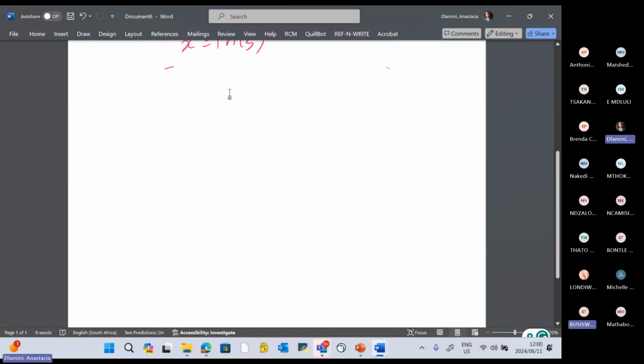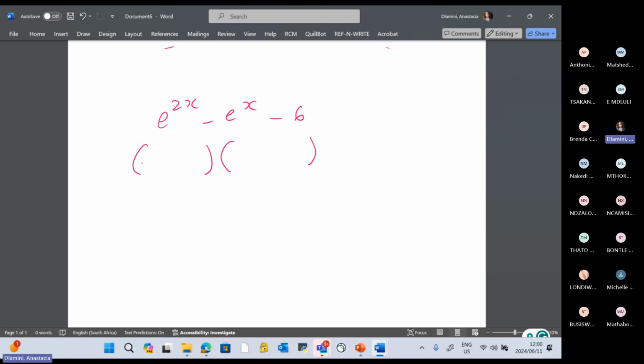Okay, so now in the textbook, they had e to the power of 2x minus e to the power of x minus 6, because they know that this is the same as x, basically e to the power of x. So here you normally put x and then you check. Then this is 3, this is 2, this is minus, this is plus.